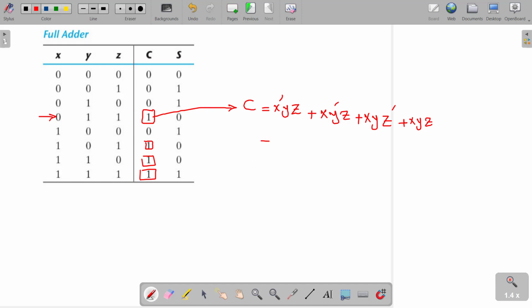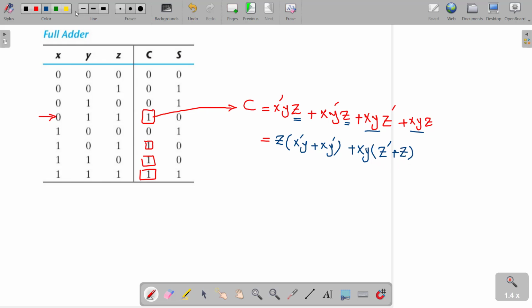Okay, now let's simplify this Boolean function. You can see that the z here and here is common. So I can write z times x prime y or x y prime. On the other hand, here x y and x y are common. So I can write x y times z prime or z.